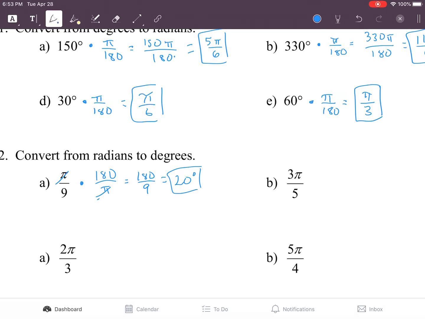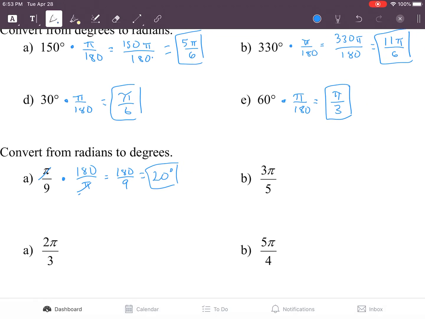Then 3 pi over 5, multiplied by 180 over pi. The pi's cancel out, so 3 times 180 is 540, divided by 5, which gives you 108.